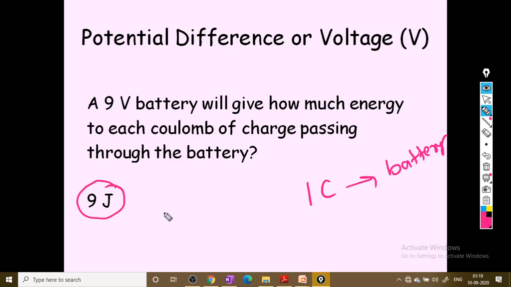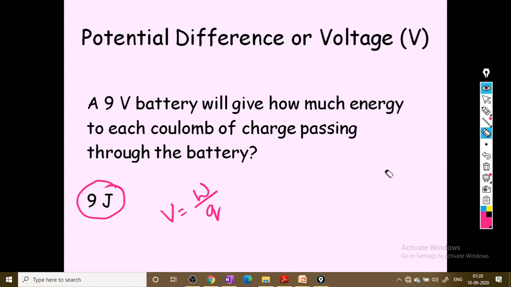Otherwise you use the formula, potential V equals work done per charge. Here potential is 9 volt and charge is 1 coulomb, so it is 9 joule. So a 9 volt battery will give 9 joules of energy to each coulomb of charge.